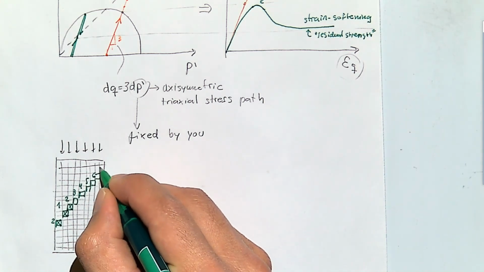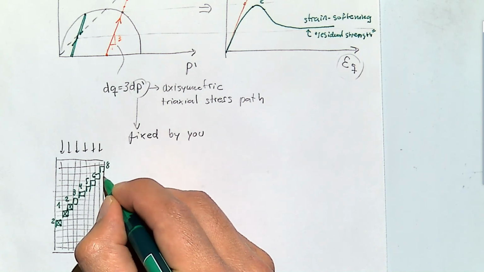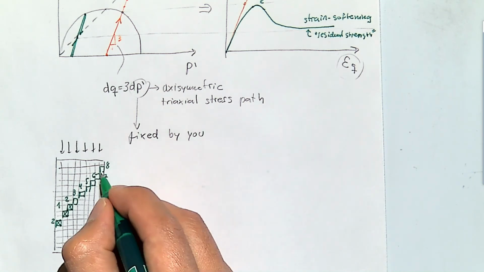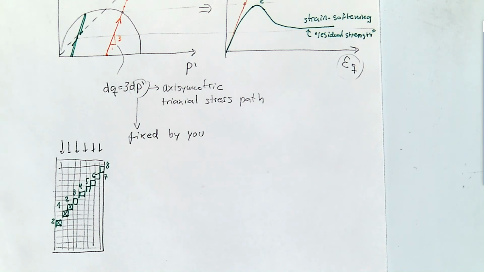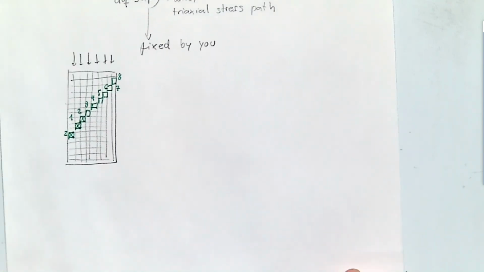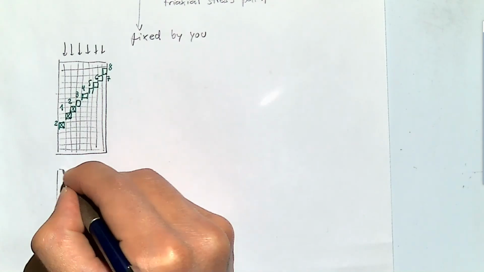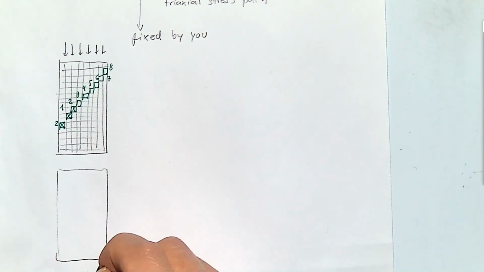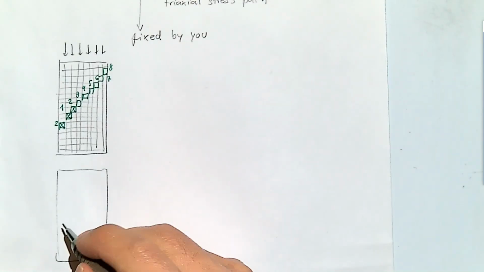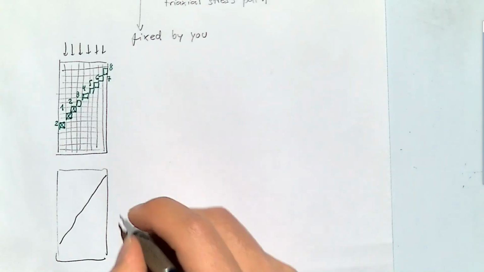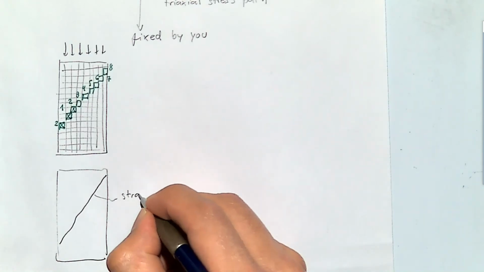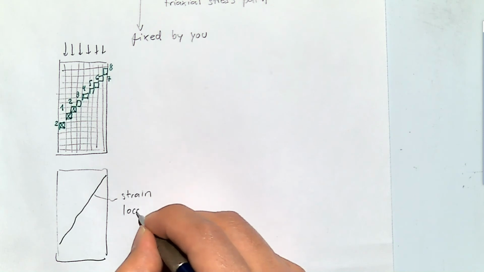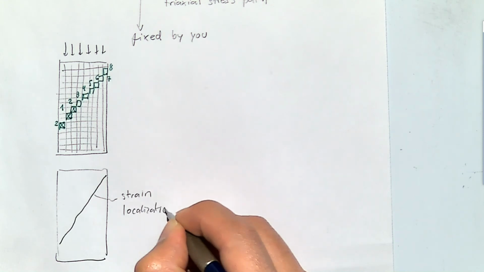So this is just going to stop whenever the material completely fails. But this is what is going to be a phenomenon of strain localization.